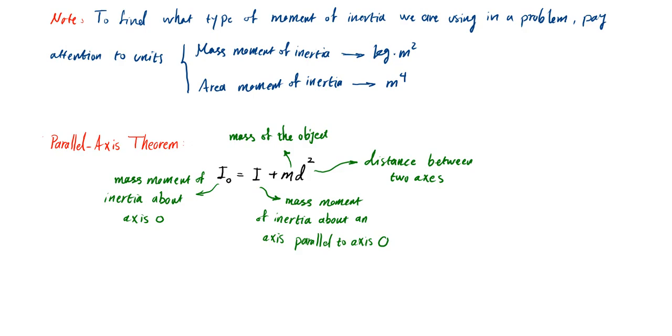So following these three steps: divide into parts that you can find the moments of inertia for, determine the moments of inertia for those simple parts, and then sum them up or subtract them, depending on the type of rigid body you're dealing with, and whether those parts are cutouts or holes or just another rigid part in that composite object.